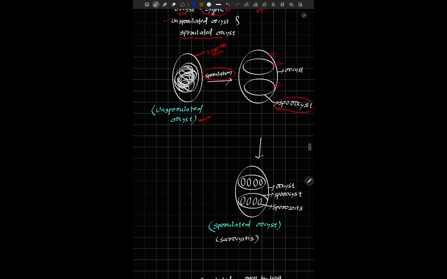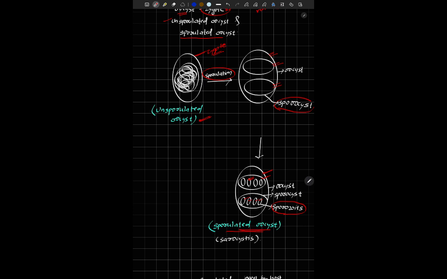Inside the sporocyst, sporozoites will develop. This is the oocyst, this is the sporocyst, and these are the sporozoites. When sporozoites are formed, it is called a sporulated oocyst.